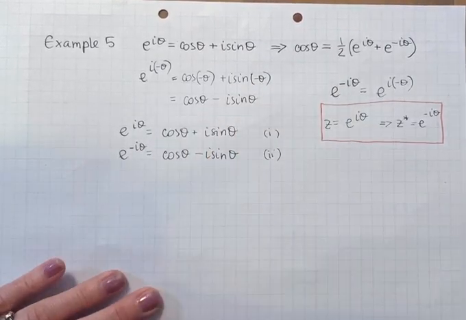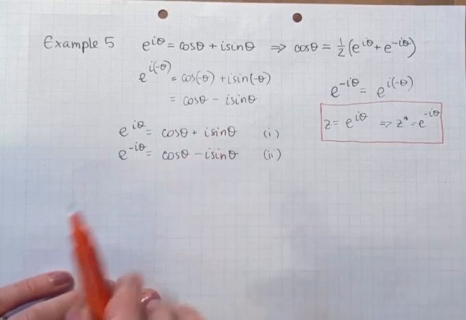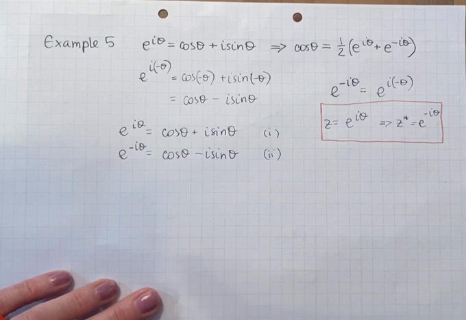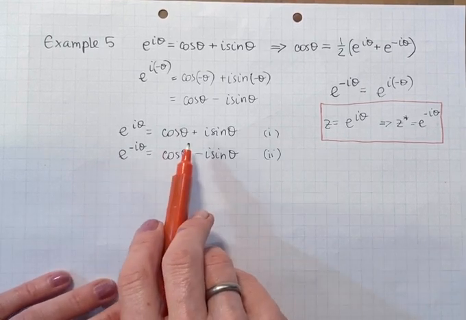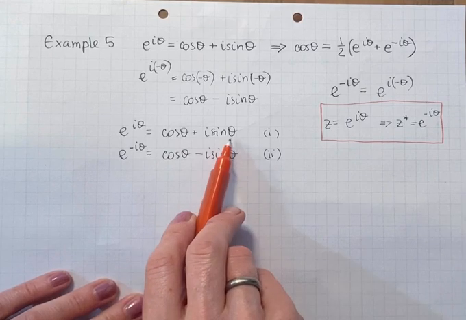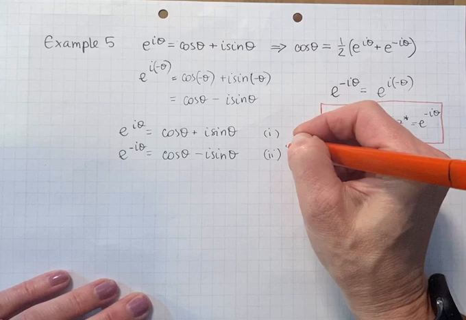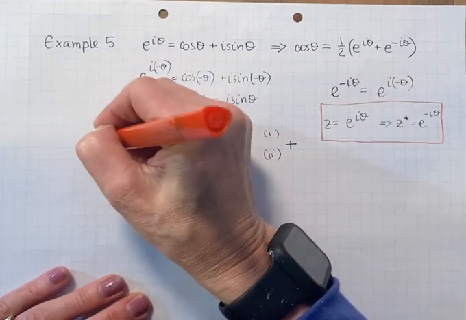So this is what I was saying earlier. You use the idea of eliminating the bit you don't want, the same way you would solve simultaneous equations. We don't want i sine theta, so they are exactly the same in size but opposite in value. We are going to add both sides.